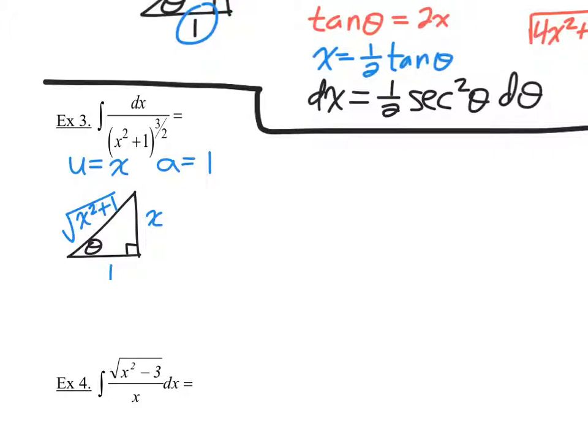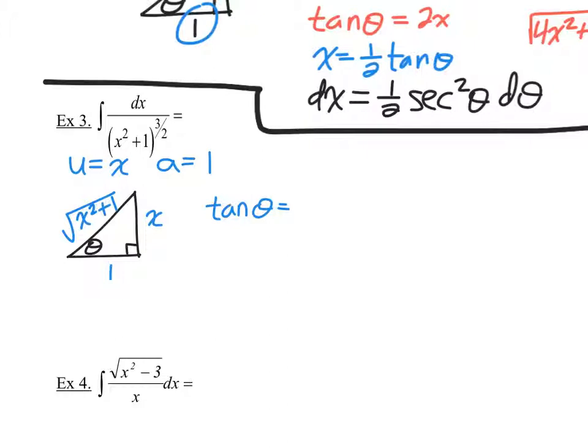It doesn't matter which leg, because if you put the x here and the 1 there, when you create your ratio, you'll get the cotangent ratio instead of the tangent ratio, but that's not a big deal. You could still work off of that. And if you get cotangent, you say, oh, I don't want that, so swap them and make it tangent.